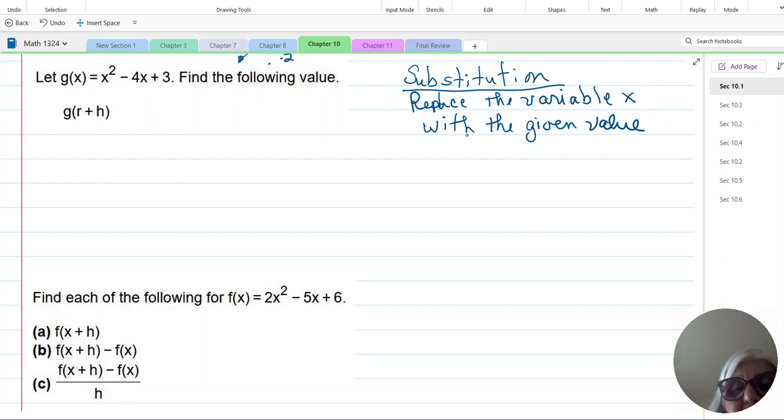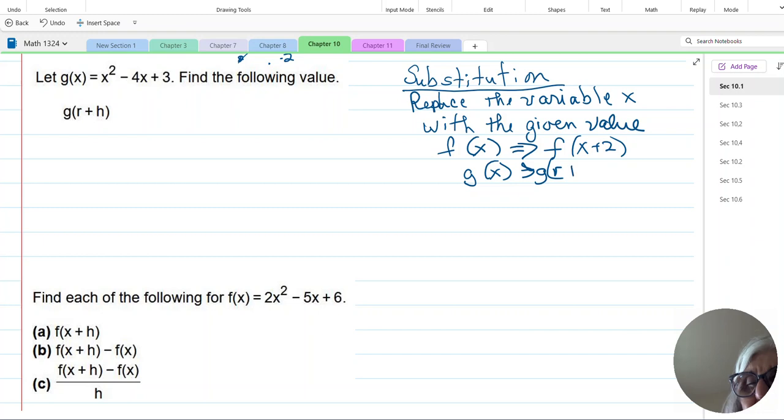Here we always have either an f of x, and then we want to change it to f of x plus 2 or something. Or in this case, we have a g of x that we're changing. Everywhere there's an x, we put r plus h. All right. Now, this is not hard, and in this section, we're not meant to do the math afterwards.